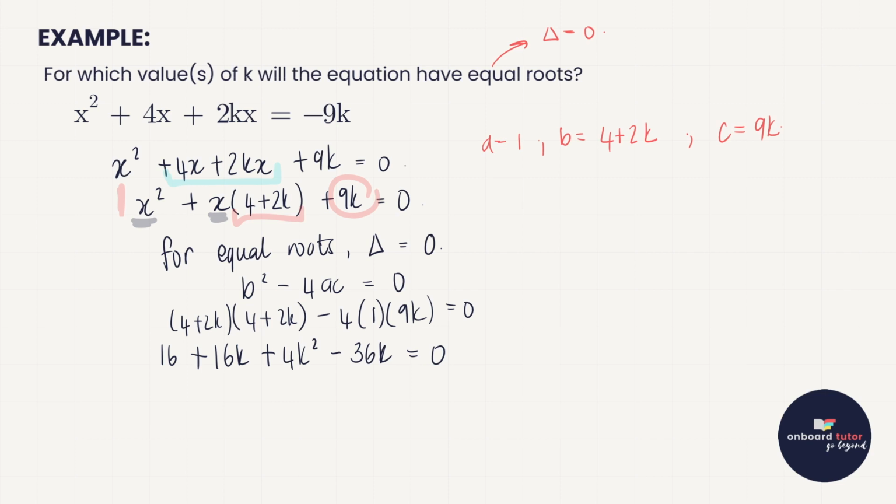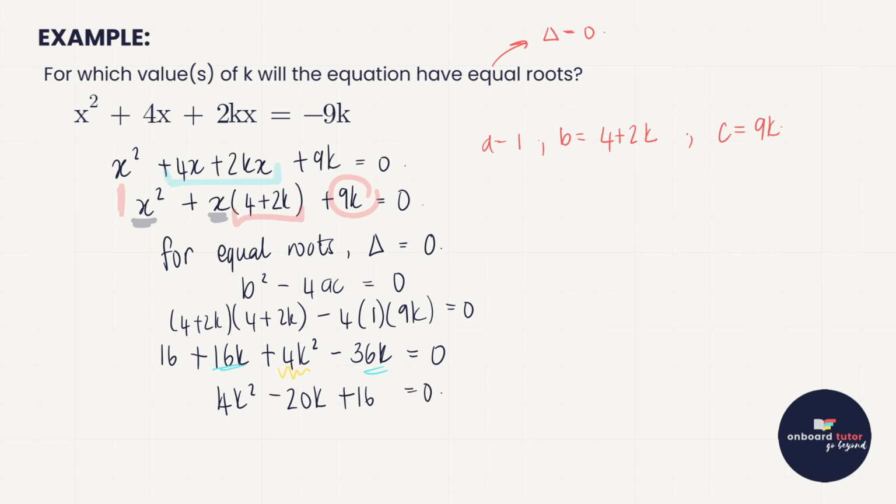All right, now let's again get this into standard form. It's a whole new equation here. Let's put k squared in the front, group our like terms here that contain k, and see what we end up with. So 4k squared plus 16 minus 36, that's minus 20k, plus 16.